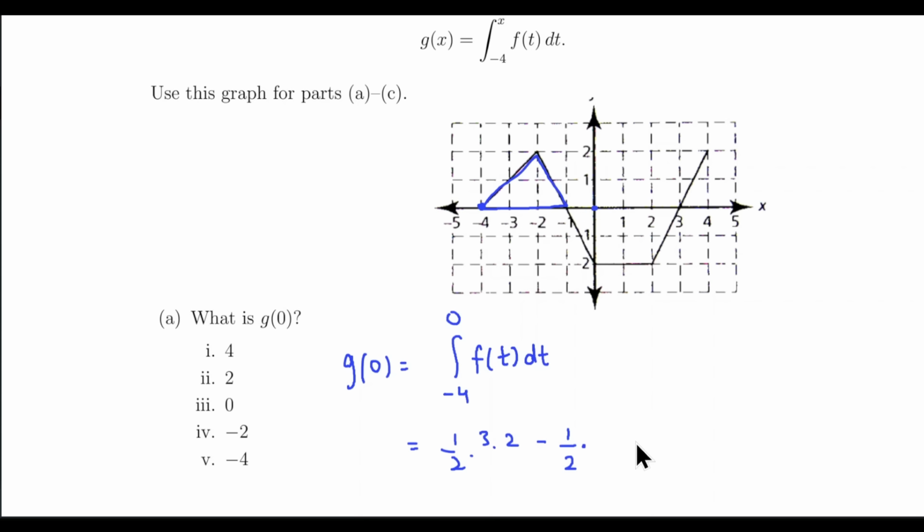Half, base is 1 and height is 2. So 2, 2 gone, 2, 2 gone, and 3 minus 1 is 2. So this answer is just 2. So it should be third option over here. Sorry, why will I mark 3? Should be option 2, right? Yeah, option 2. That should be our answer.